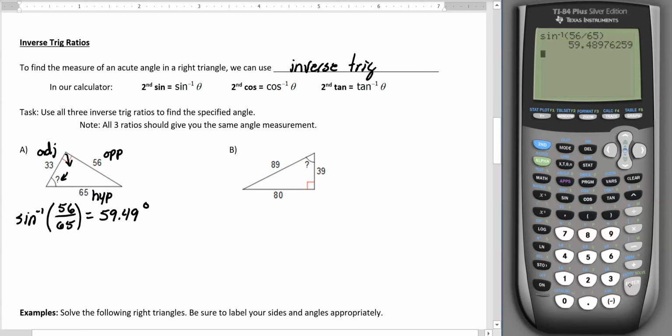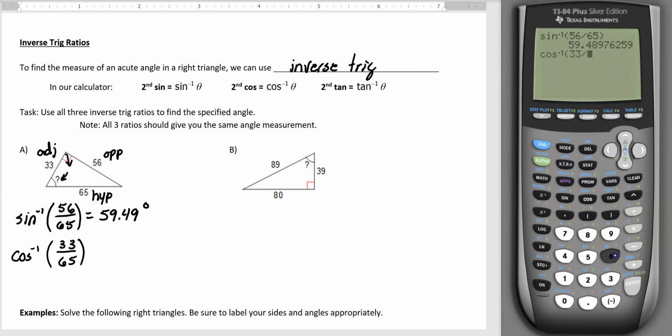Now what's cool is look at what happens when I do maybe cosine inverse. So cosine inverse would be my adjacent 33 divided by my hypotenuse 65. So cosine inverse of 33 divided by 65, and I get, what do you know, the exact same thing. And look at tangent inverse.